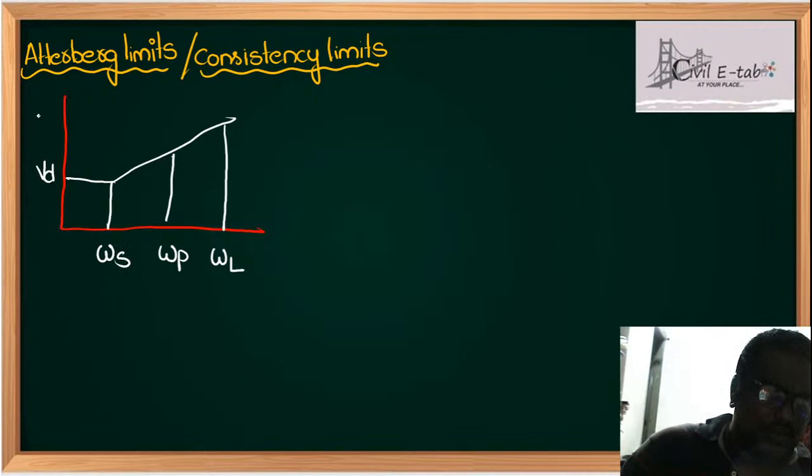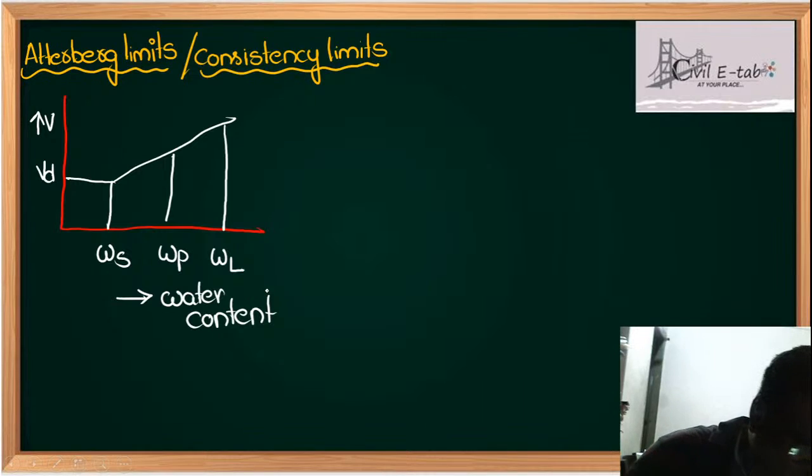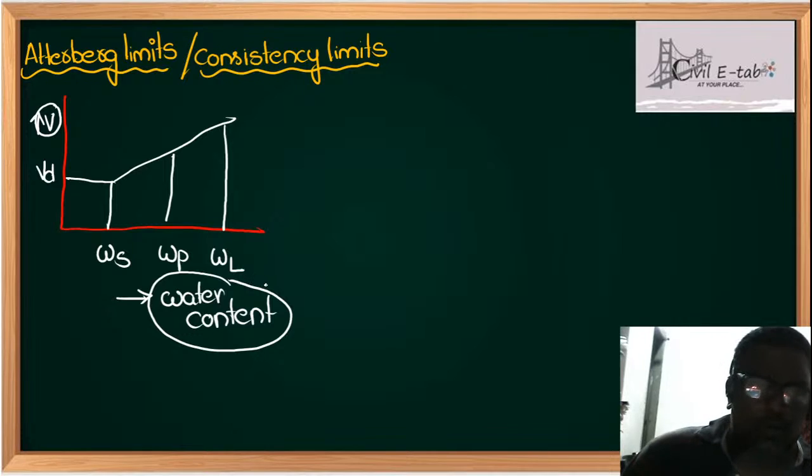The graph is drawn between volume on the y-axis and water content on the x-axis. Now what are the states I have to tell you here?